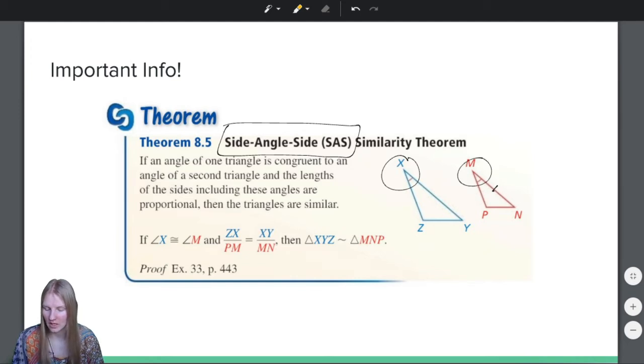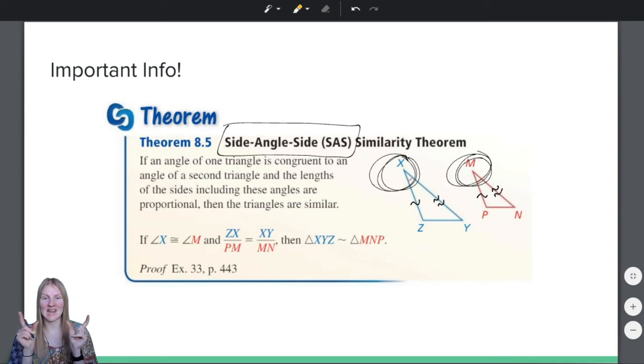Now, these aren't the markings that I want to use because these aren't congruent, they're similar. So we could maybe do a squiggly line to say they're not congruent, they're proportional, but we want the included angle. We want the angle in between these 2 sides.